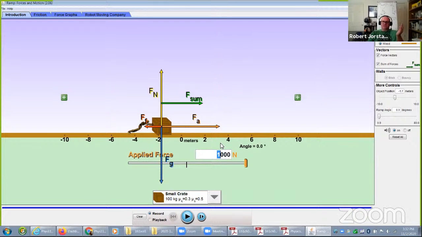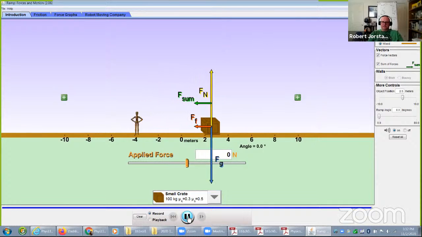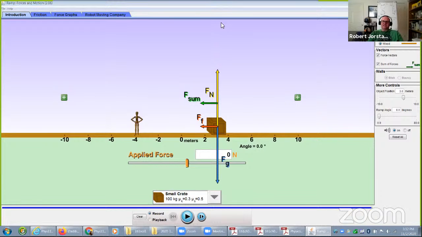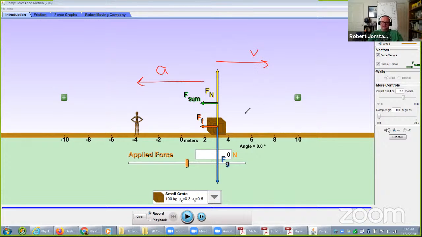All right, now watch this. What if I set this force to 0? Watch when I hit play. What happens to the net force? Oh my gosh. In this case, I just want to point something out. This thing has a net force this direction, so the acceleration is to the left. However, it's moving to the right.